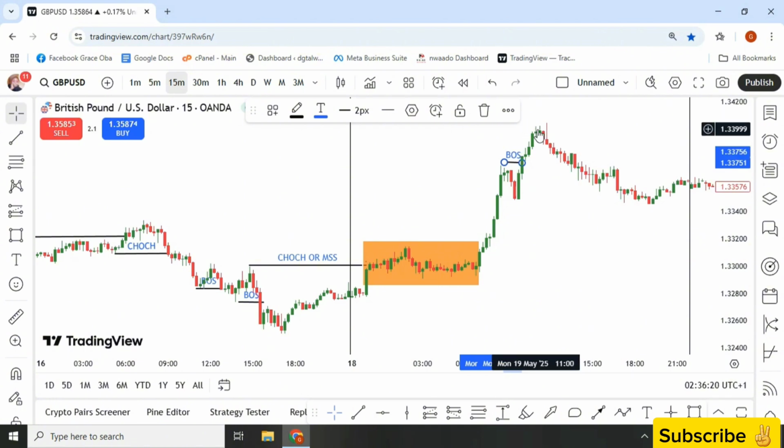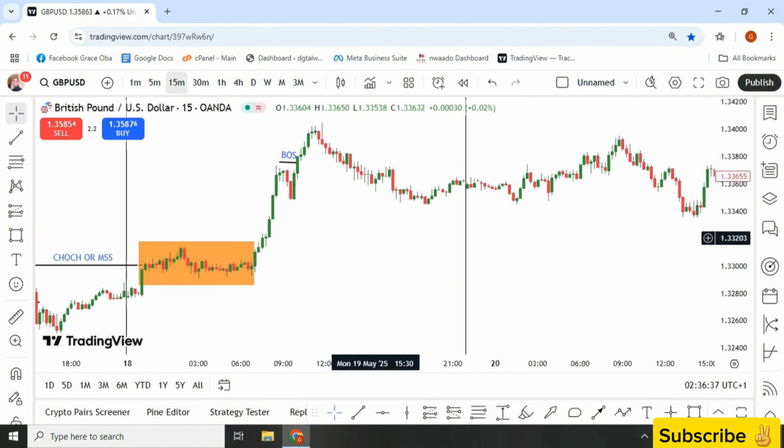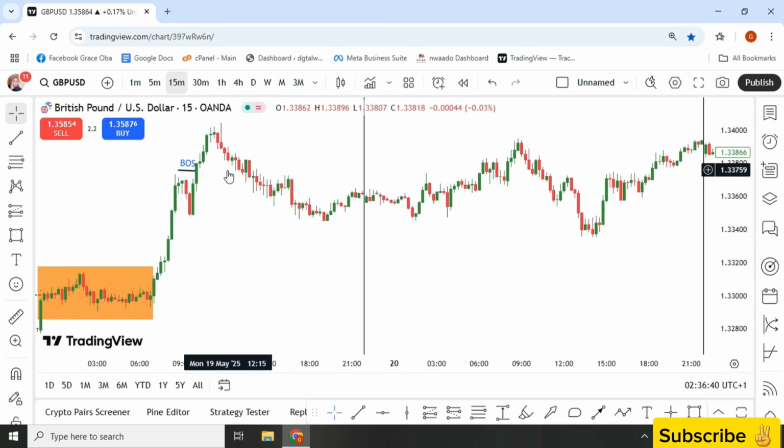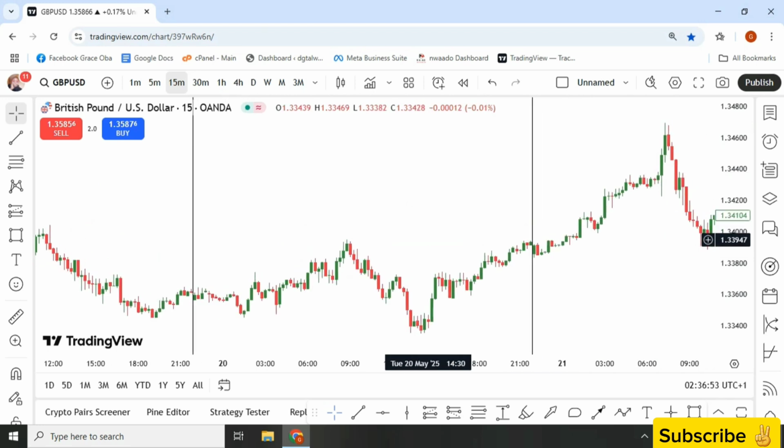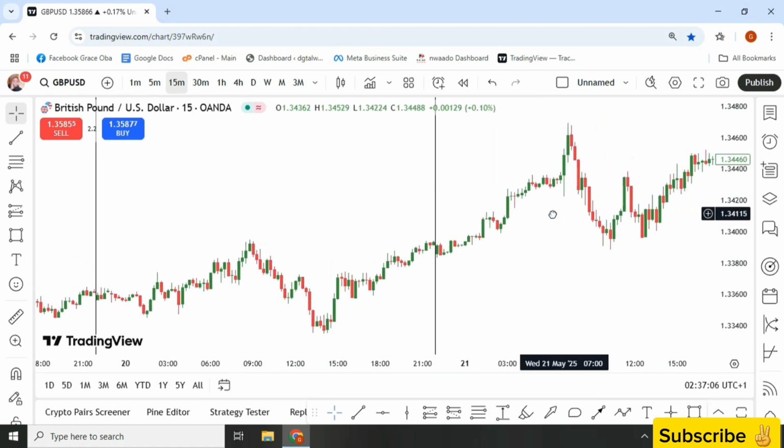Then it got to this high, and from here it kind of starts creating lows, which is still in an uptrend, because you can see from here, you can measure this out. These highs continue to trend up, right? This high continues to trend up because this high is actually higher than this one, right? Continue to trend up from here.